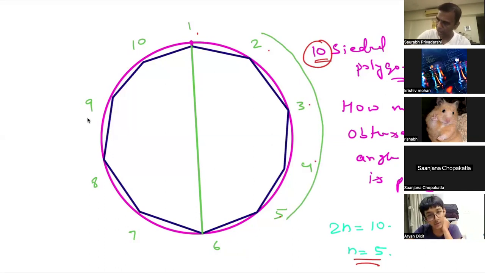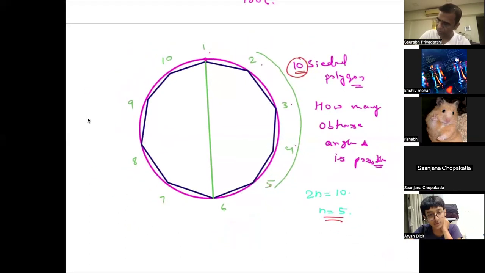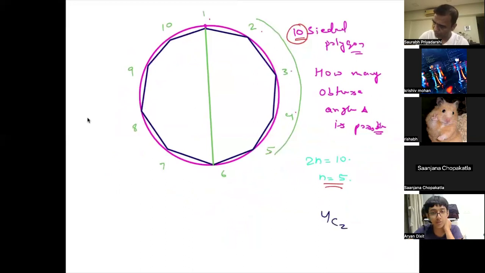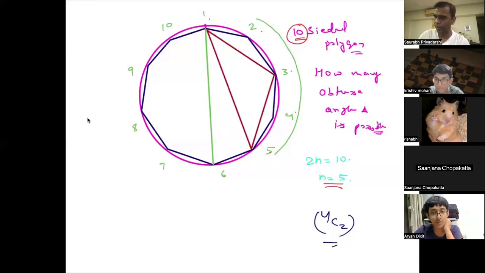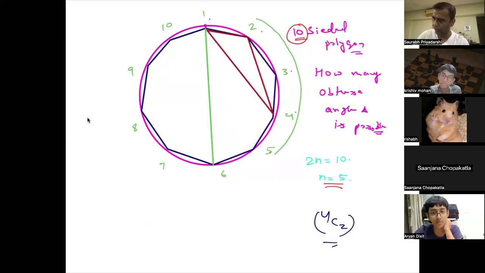I have 4 options, and in these 4 options, I have to select 2 of the vertices. If I select 2 vertices, this triangle, or this triangle, or this triangle, or this triangle, or this triangle, with one of the vertices fixed, I can say I always have the chances.